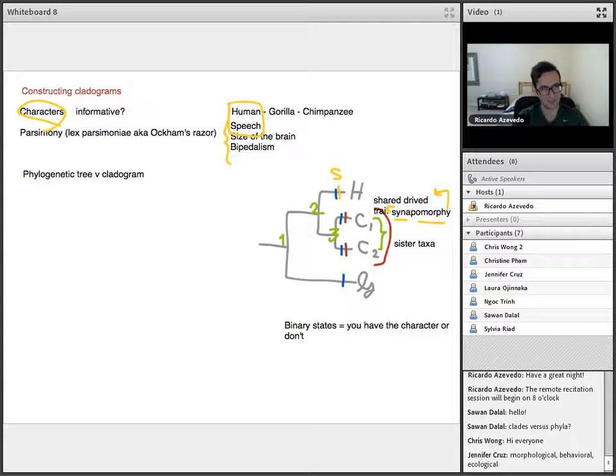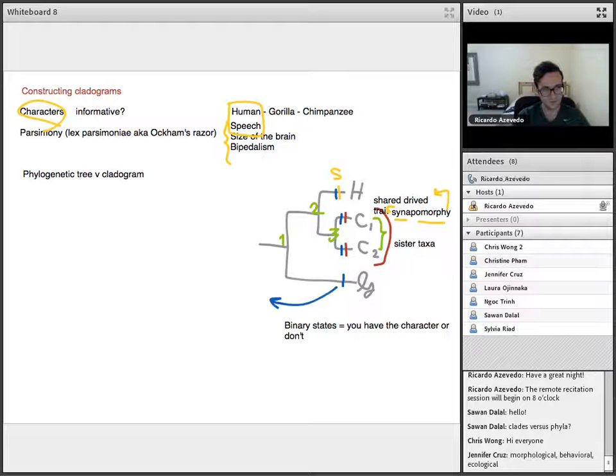So if you want to memorize what this means, you just need to remember that this bit, syn, is shared and morph is just trait. And so that's a synapomorph.